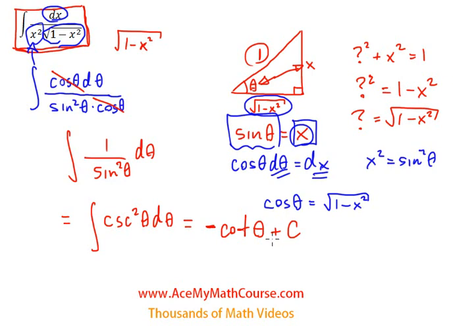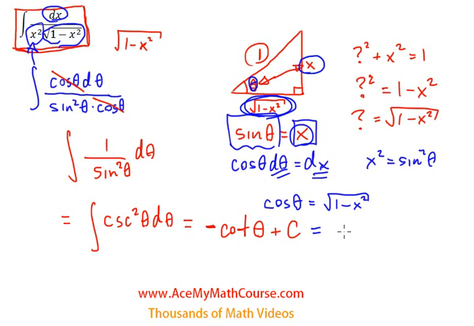And how can we do that? Well, what is the cotangent of theta considering this little triangle here? I've got theta here, and remember that cotangent is the adjacent over the opposite, because it's basically the reciprocal of tangent, right?